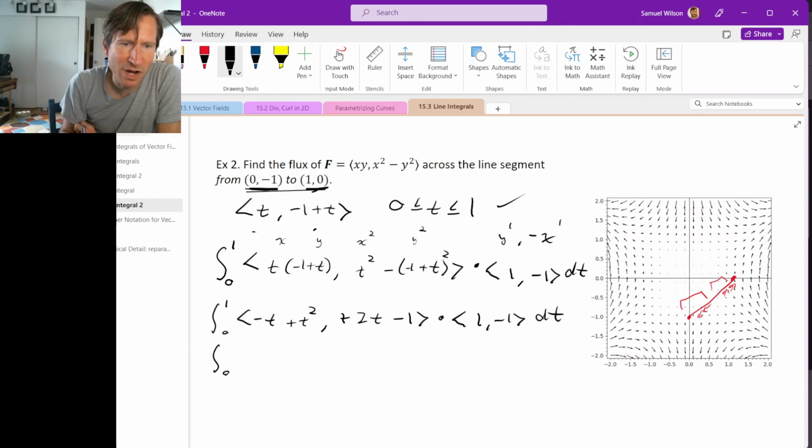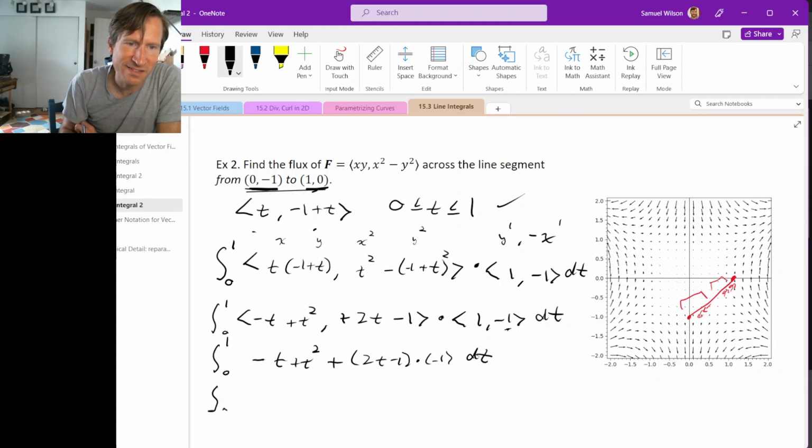All right, now we can do our dot product, integral from 0 to 1 of minus t plus t squared, so first coordinate times 1, and then plus 2t minus 1 times negative 1 dt.